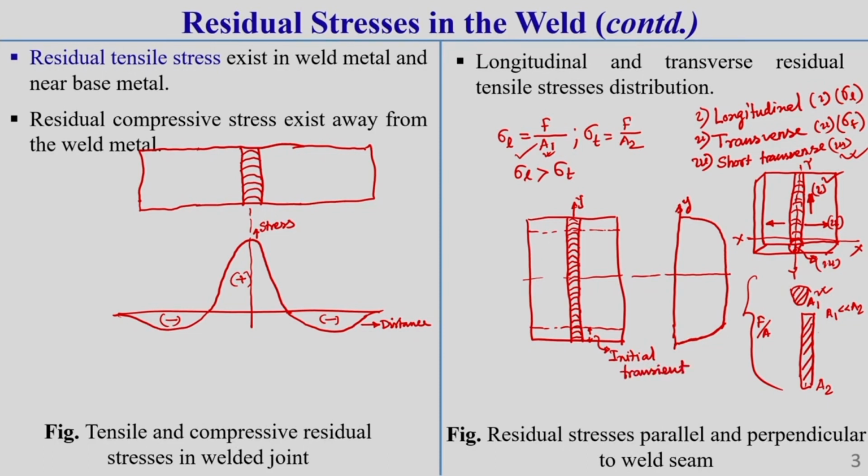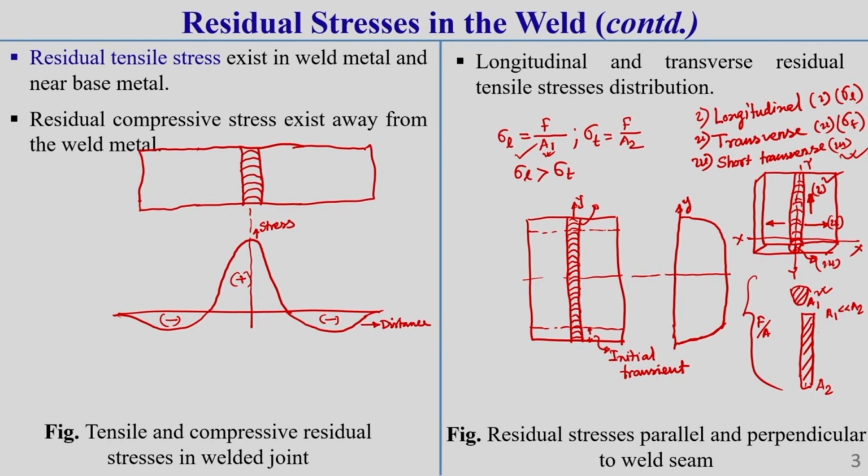This zone is called the initial transient zone, and this zone is called the final transient zone, where the welding is about to be completed, and the temperature gradually decreases with time. Once something varies with time, that is called a transient phenomenon. You should keep this in mind.